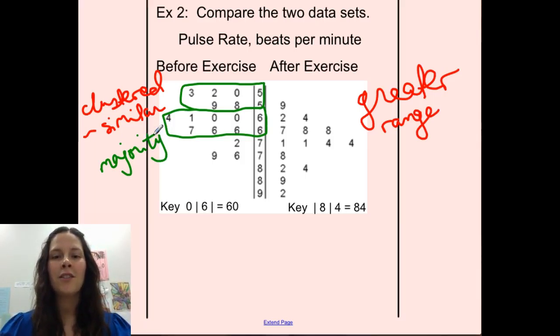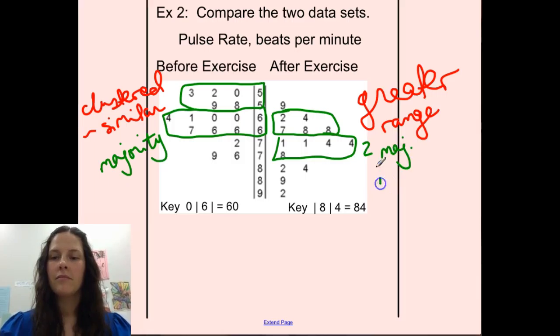For after exercise, we end up with 2 majority intervals. Both the 60s and the 70s end up with 5 data values. It appears that in general, the heart rate increases by about 10 beats per minute after we exercise.